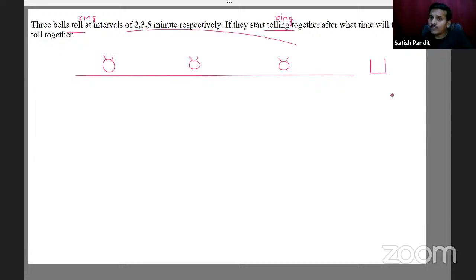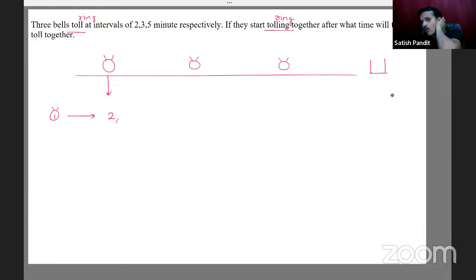If all of them start at the same time, the first bell will ring every 2 minutes, so 2, 4. Suppose you start at 10 o'clock.